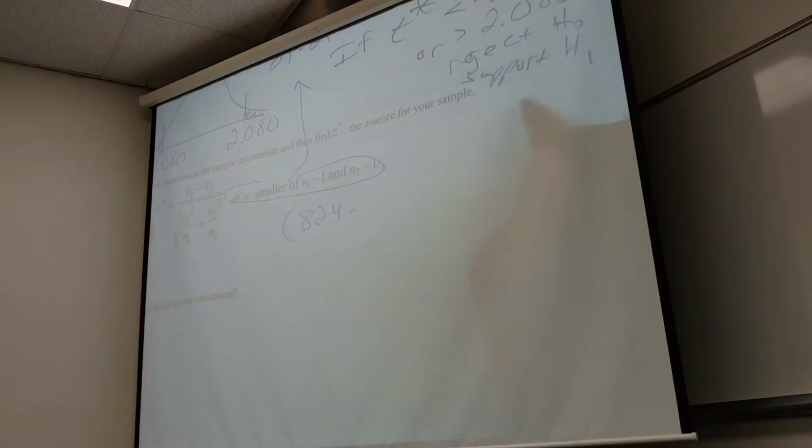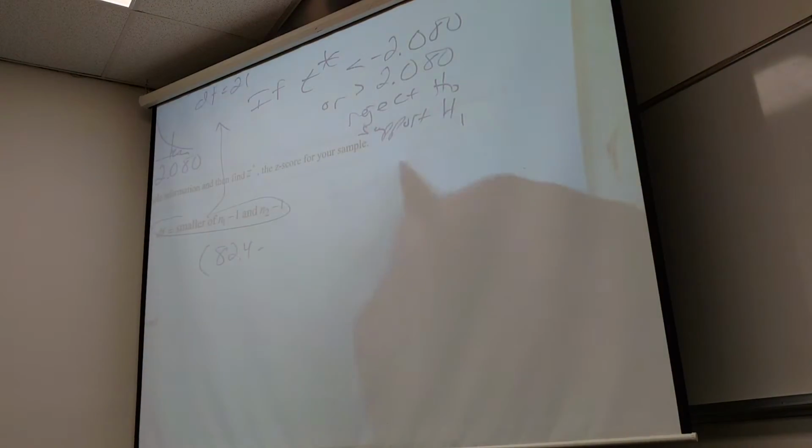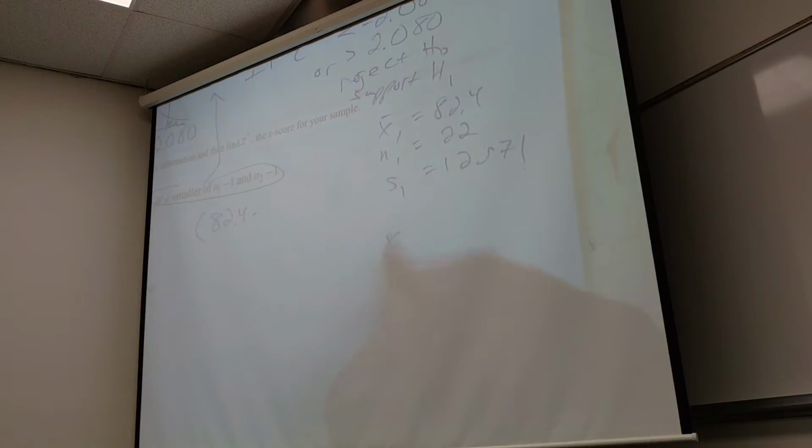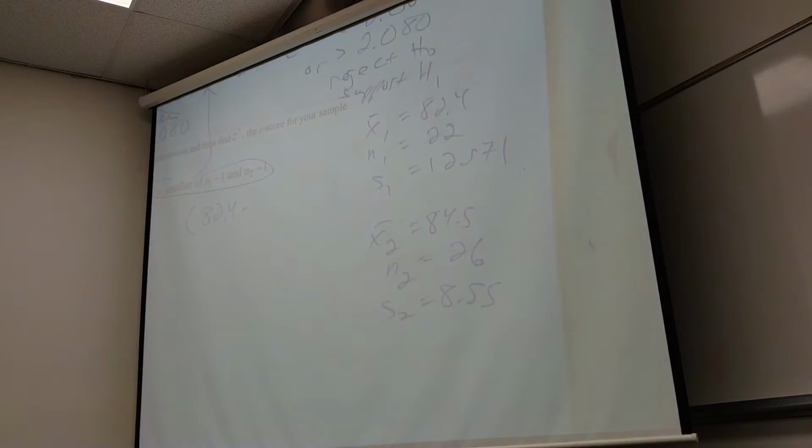Let's do this. So I've got x bar 1 is 82.4. n1 is 22. s1 is 12.571. x bar 2 is 84.5. n2 is 26. s2 is 8.55.